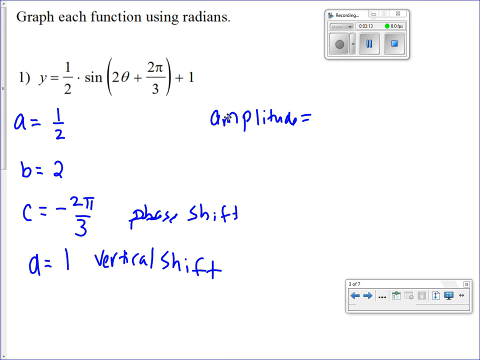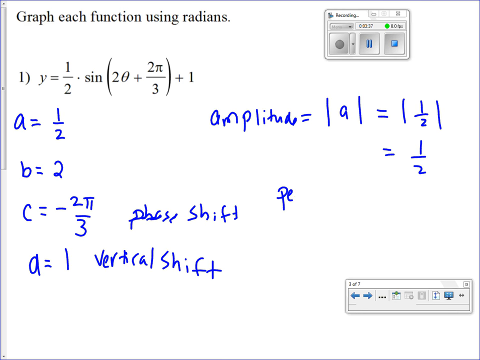Okay, so it's just how tall the function is. And that is the absolute value of A. And what we know about absolute value, that answer should always be positive. So the absolute value of 1/2 is 1/2. So that tells me that this graph is 1/2 the height of a normal sine graph.